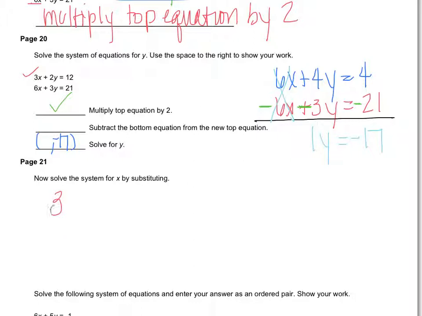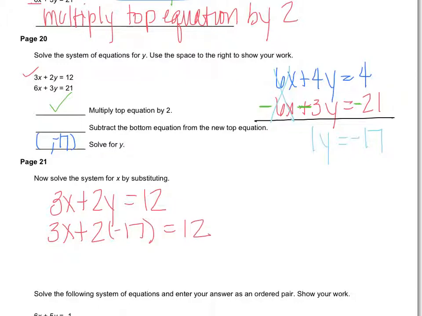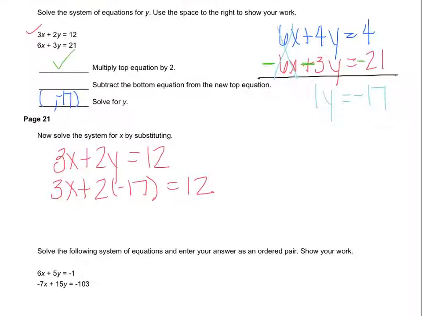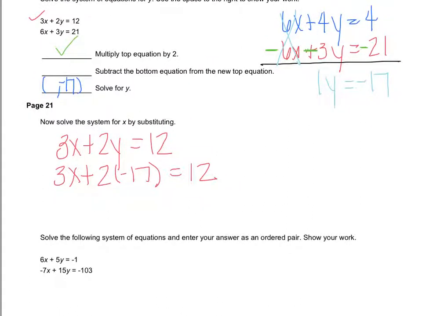So I have 3x plus 2y equals 12. I'm going to replace my y with negative 17. So I have 3x plus 2 times negative 17 equals 12. So that would become 3x minus 34 equals 12.